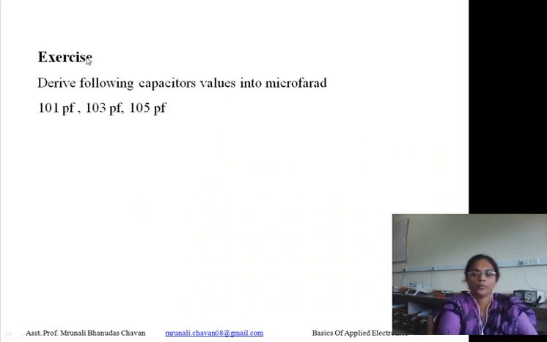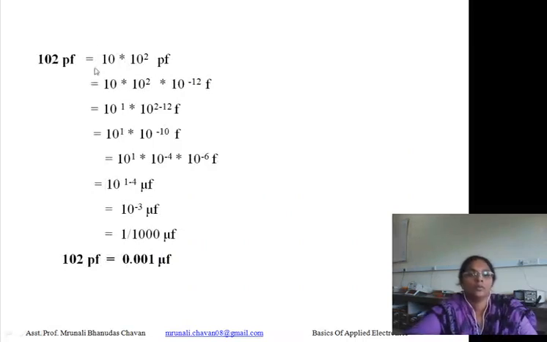Similarly we have to do here. Take first two digits as it is, 10 into 10 raised to, take third digit as a tens power, then 10 into 10 raised to 2 pF, then again replace this p by 10 raised to minus 12, we get 10 raised to 1 into 10 raised to 2 minus 12, means it will be 10 raised to minus 10.